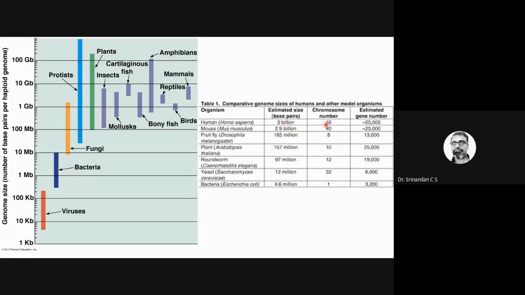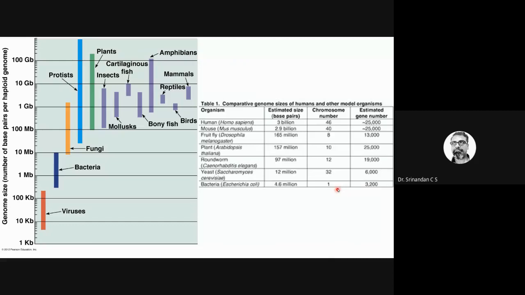So the 3 billion are on 46 chromosomes, and the number of genes in a human is nearly or plus or minus around 25,000. You can see in different organisms, the mouse also has the same number of genes, and its genome is more or less equal, 2.9 billion. In bacteria, you can see they are in millions, 4.6 million, and only one chromosome will be there.